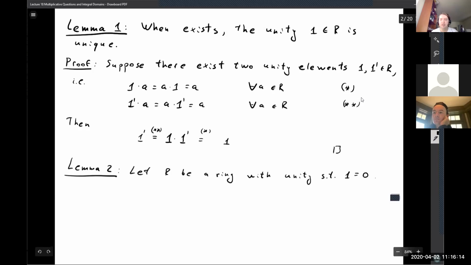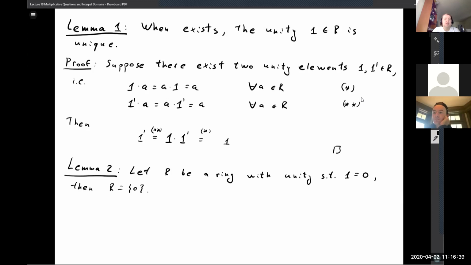Well, then we can say that R is a zero ring. Okay, so there's actually no other non-trivial examples of a ring with unity where the unity and the 0 would coincide.